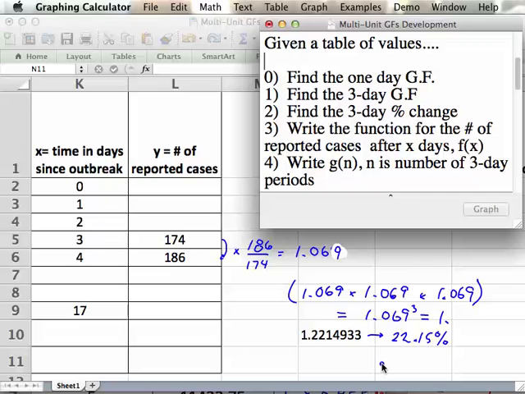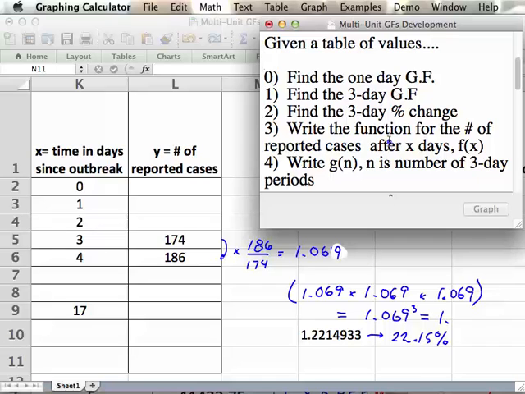If you had 22.1, that's okay. Every 3 days, the number of cases is growing 22.15%. So finding a percent change from these multi-unit growth factors is the same as the way you found it from the 1 unit growth factor. In this case you subtract 1 and multiply by 100. But you can see it right there: a 22.15% increase.